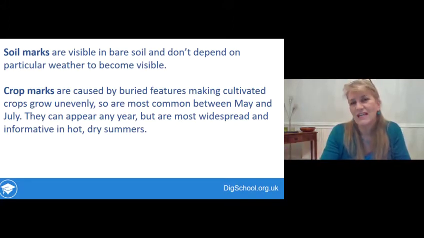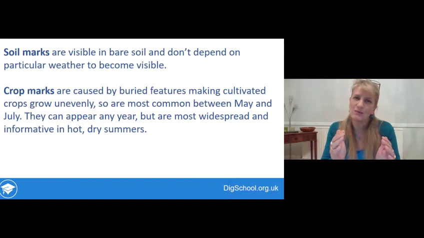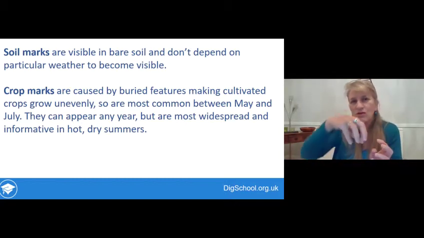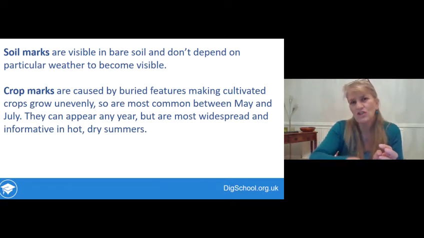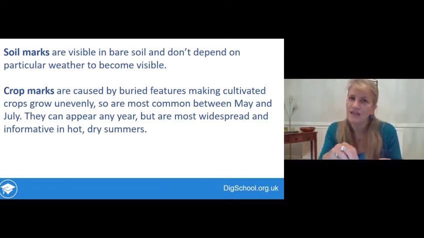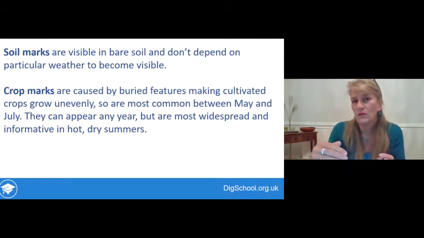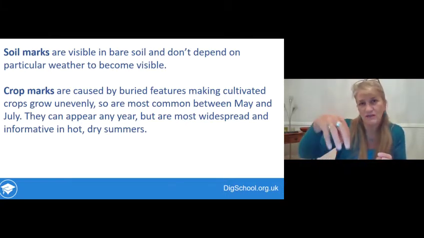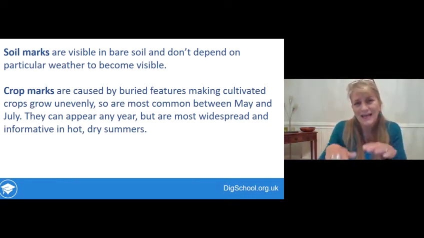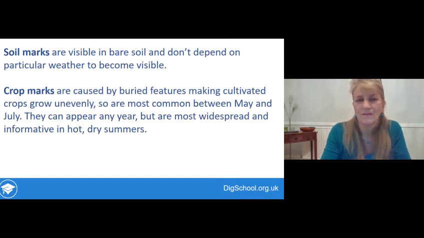They can appear in any year, but they're most widespread and informative in hot, dry summers, when the difference between the crops that have access to deep soil, where the roots can go down deep and get moisture from further down, and the bits of crop that are over walls, where there's no opportunity for the roots to go down and get moisture, is much more marked, because those crops will die off.